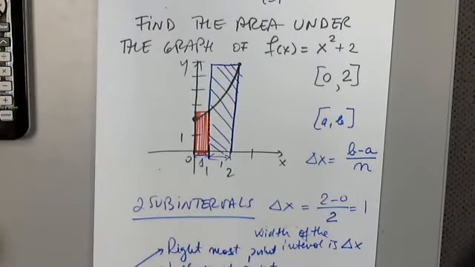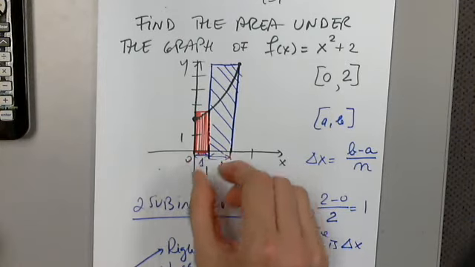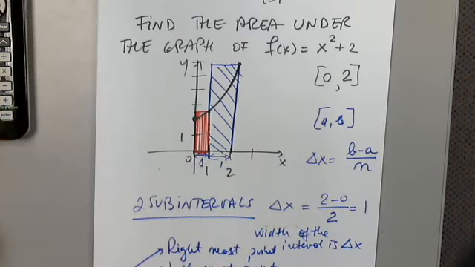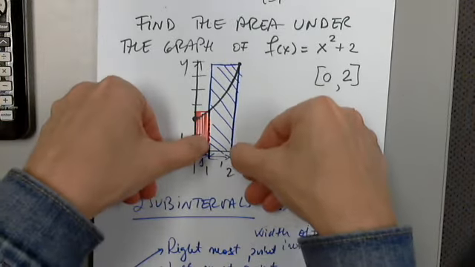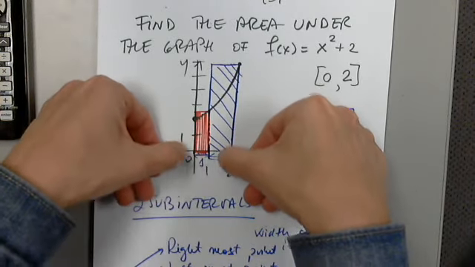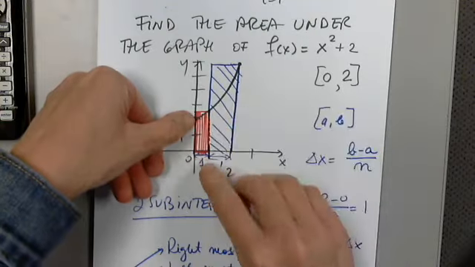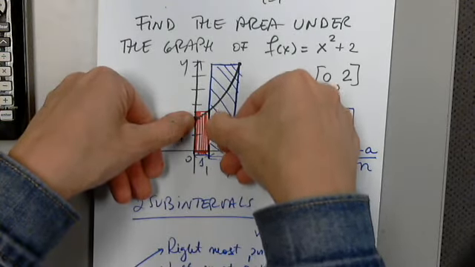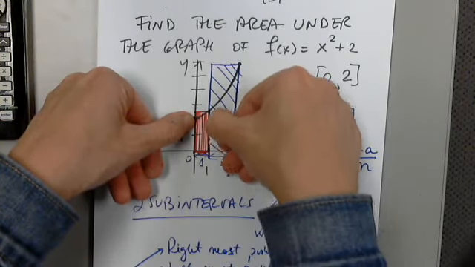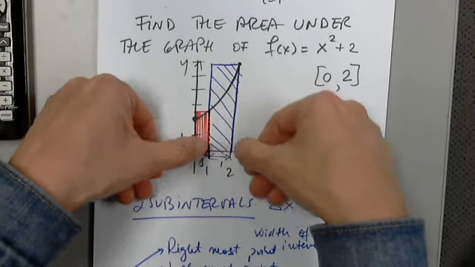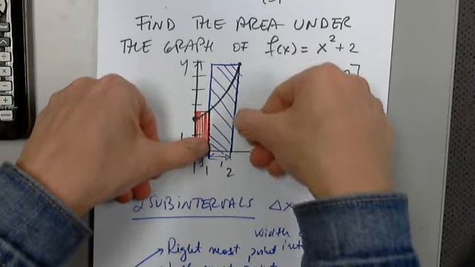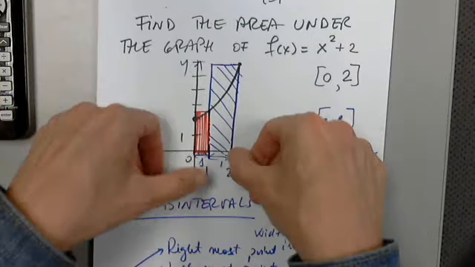Base times height. Please ignore the fact that my unit is not perfect. Sorry about that. I'll be more careful next time. So these two should be equal. They're not in my graph. So the area of the first rectangle is base times height, using the rightmost point for the height.